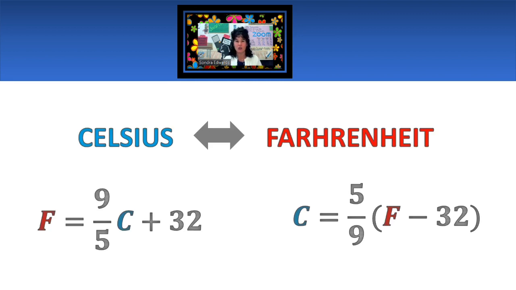I'm showing you this one to, again, just try to help you understand why we would have inverse functions. In the United States, since we use the Fahrenheit system, let's say that I am talking with a friend in England and they're like, what's the temperature out?